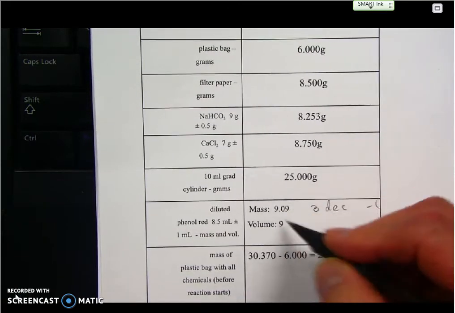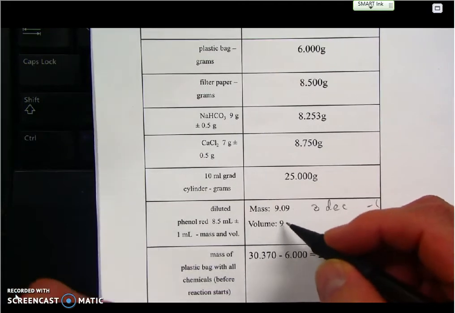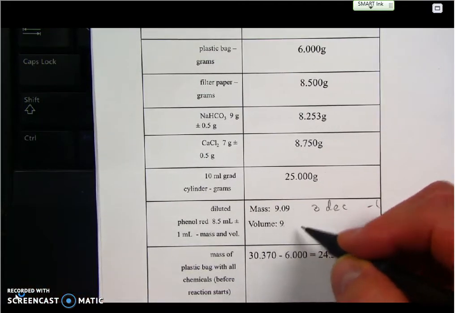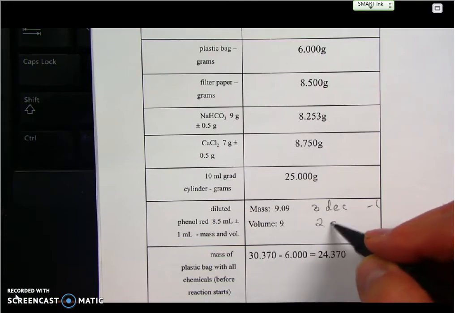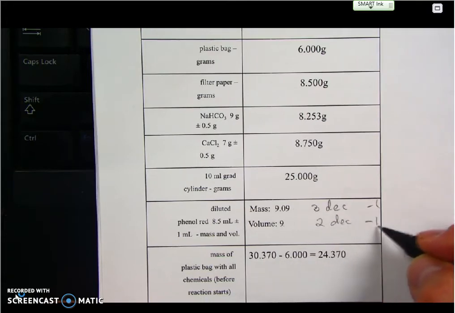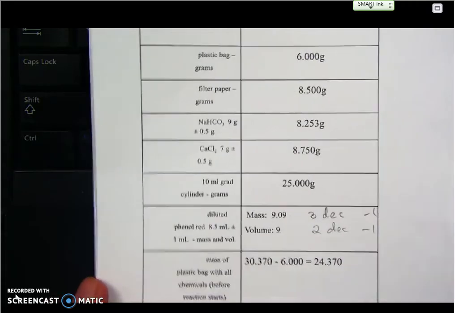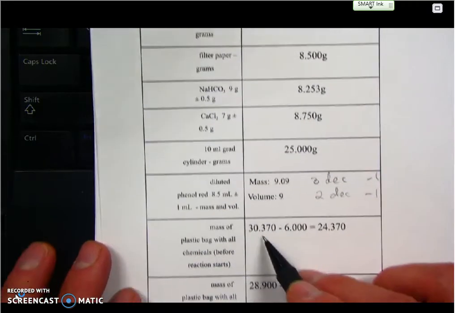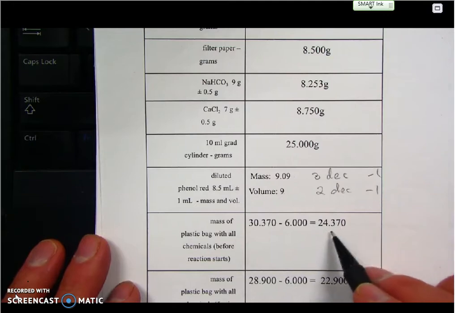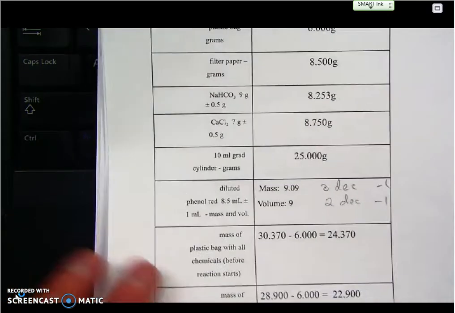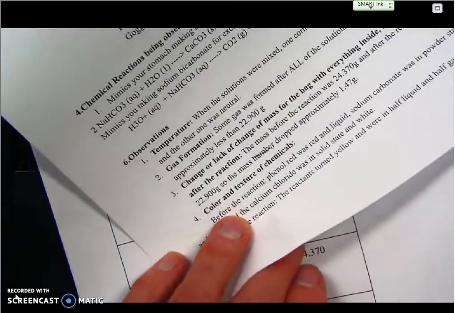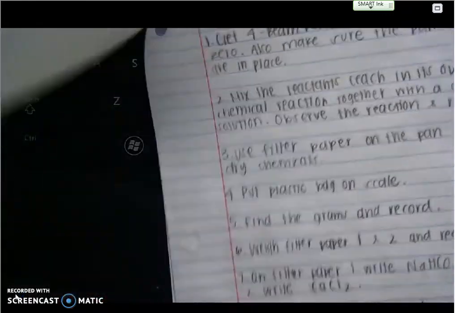And here, you don't have enough decimals. This should be 2 decimals. So I hope you can recover that. And then here, our masses have 3, and we're all good there. So I would only take 2 points off of this for the observations.